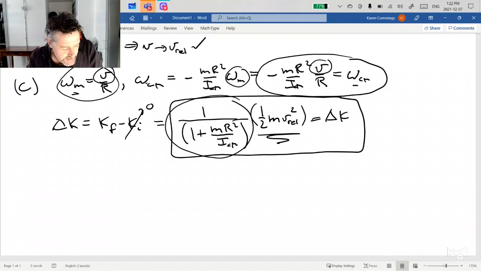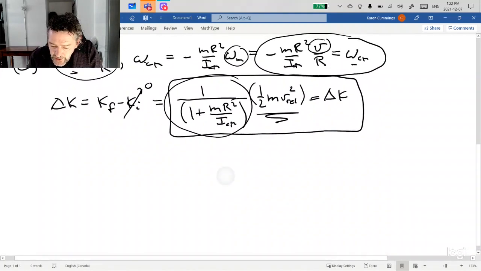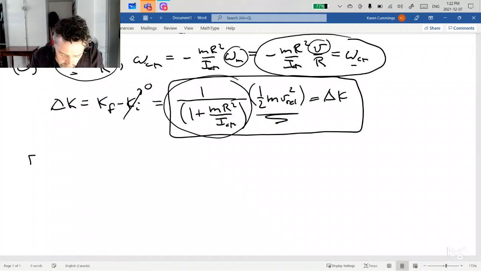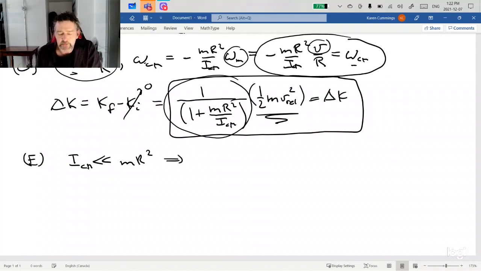There's a special case that you could look at here that's kind of interesting, I think this was part E. Suppose that ICM is much less than mr squared, let's see if this agrees with our intuition. That means we've got a heavy person on a super light disk made out of paper.